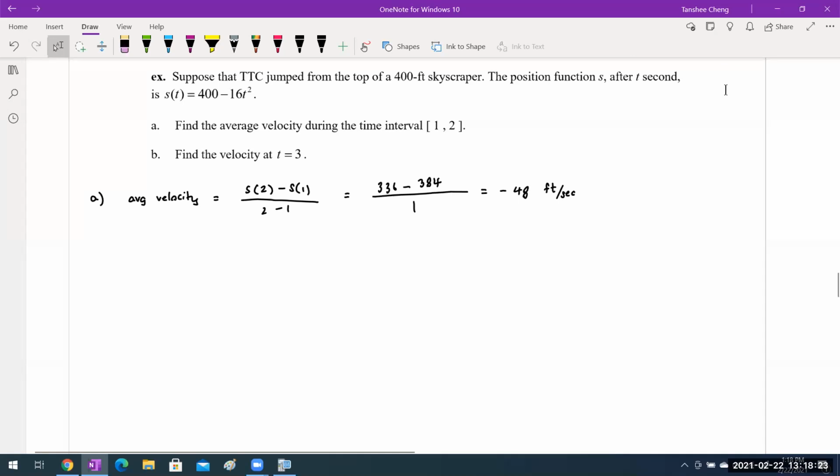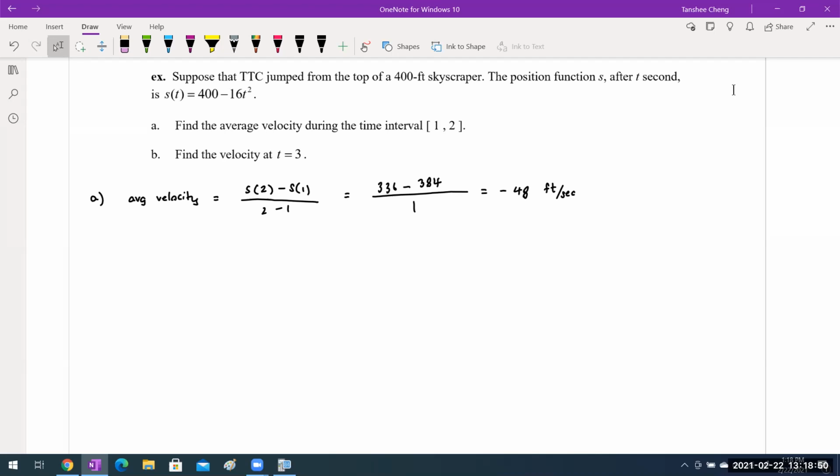TTC jumps from the top of a 400 feet skyscraper, and the position function S after t seconds is given by S of t equal to 400 minus 16t squared. Part A asks to find the average velocity during the time interval between 1 and 2 seconds.